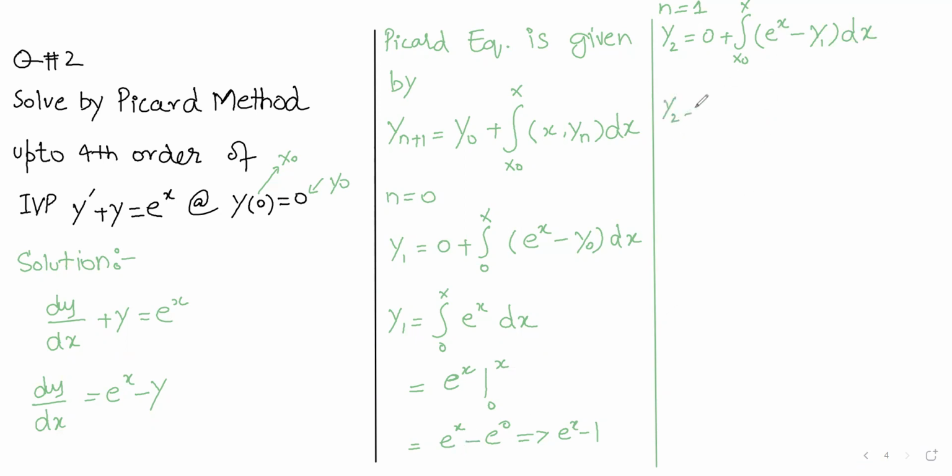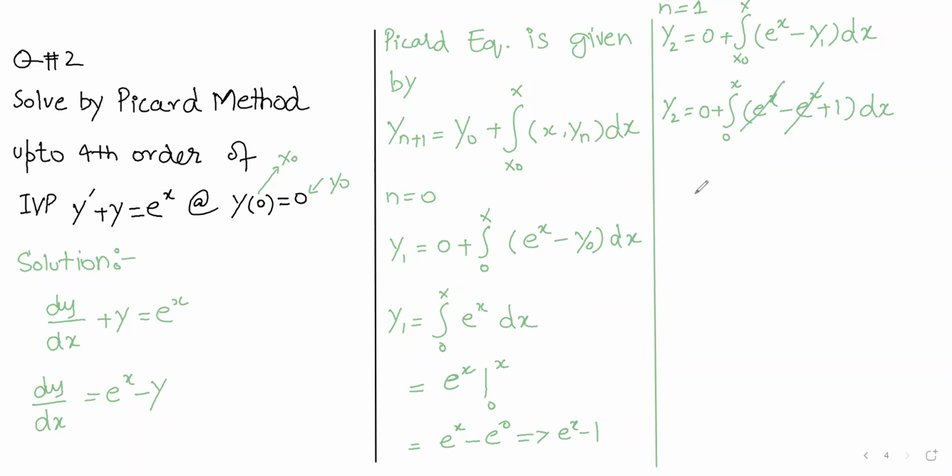So y2 will be equal to 0 plus the integral, x0 is 0 to x, of e^x minus y1. y1 is equal to e^x minus 1, and dx.